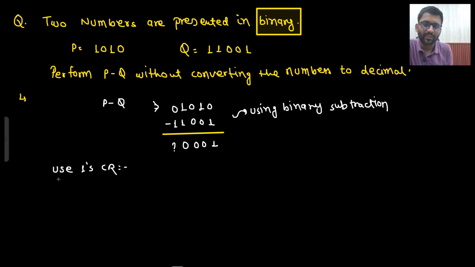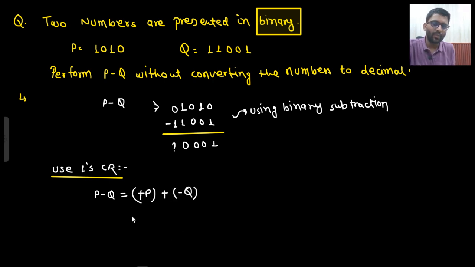Then what do I need to perform? P minus q, or I can write plus p plus minus q. So what will be your plus p in 1's complement representation? Take your time and tell the correct answer.